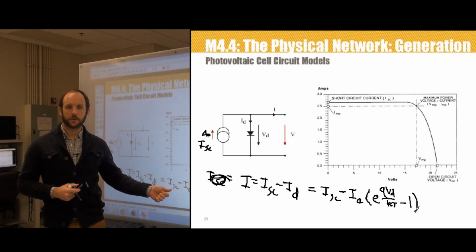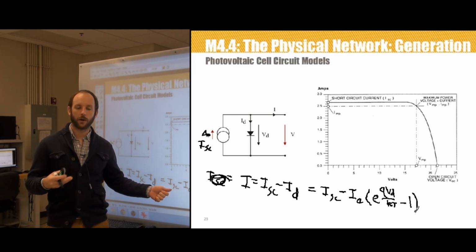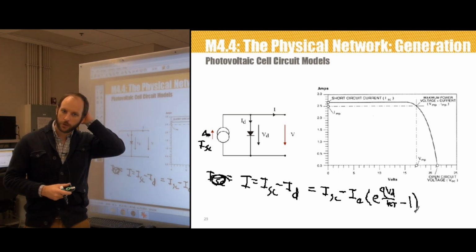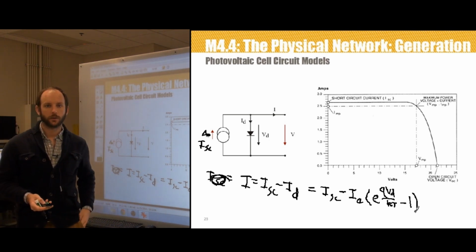In the solar cell, this short circuit current is proportional to solar insolation, or how many watts per meter squared are shining on the solar cell. And this equation very accurately describes the operation of the photovoltaic cell under varying amounts of sunlight.